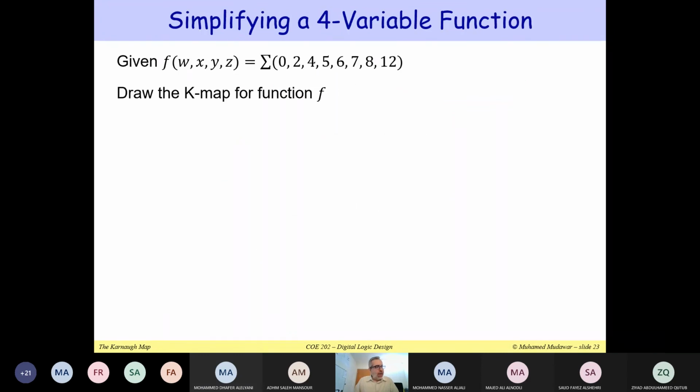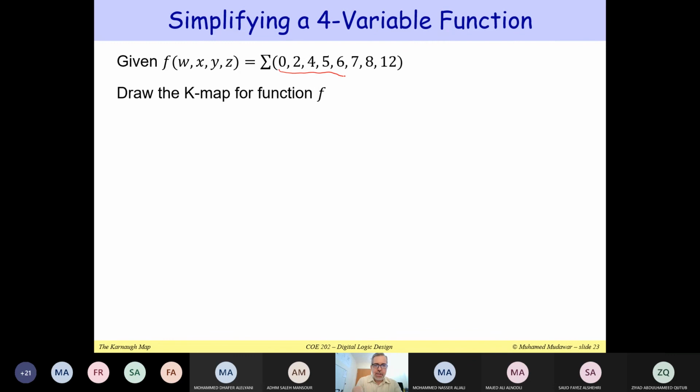Right. So now let us take a look at simplifying a 4-variable function. I have to draw a Karnaugh map that has 16 squares. In the case of 4 variables, you can go from minterm 0 up to minterm 15.